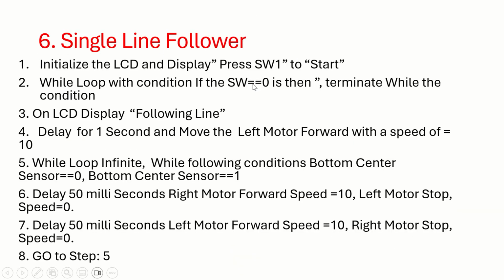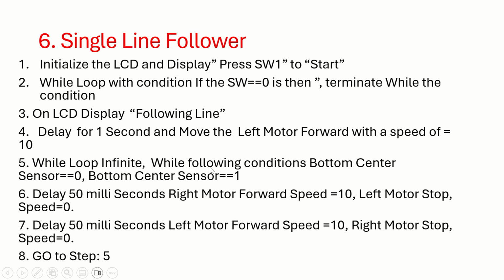If SW1 is pressed, the while loop should terminate and go to the next instruction. Next, display on the LCD that it is following the line, wait for a 1 second delay, and move the left motor forward with a speed of 10. After that, enter into an infinite loop.